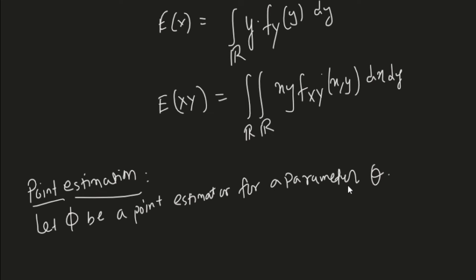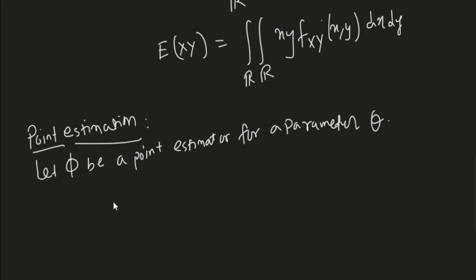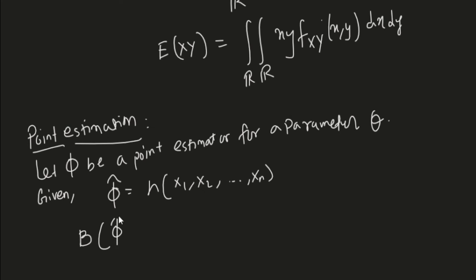Now what we do know is that the bias of an estimator is as follows. The bias of an estimator is given by the expected value of the estimator minus the parameter.